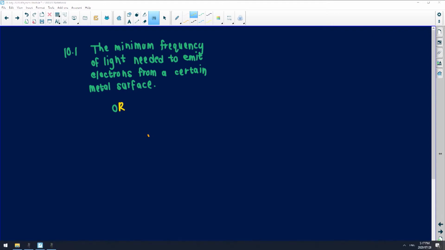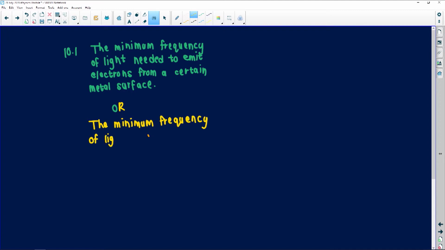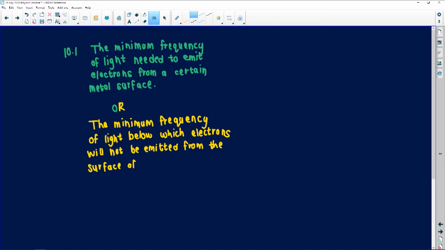Or, you could also say that the threshold frequency is the minimum frequency of light below which electrons will not be emitted from the surface of a certain metal.